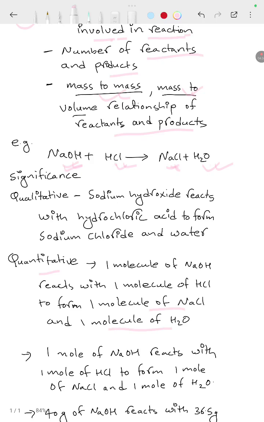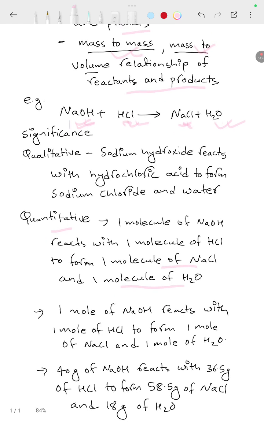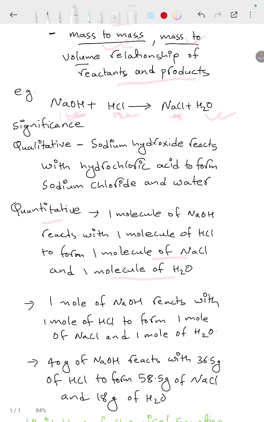Here we also see that 1 mole of NaOH reacts with 1 mole of HCl to form 1 mole of sodium chloride and 1 mole of water. Here the molecular mass of NaOH is 40 amu, HCl is 36.5 amu, sodium chloride 58.5, and water 18 amu.